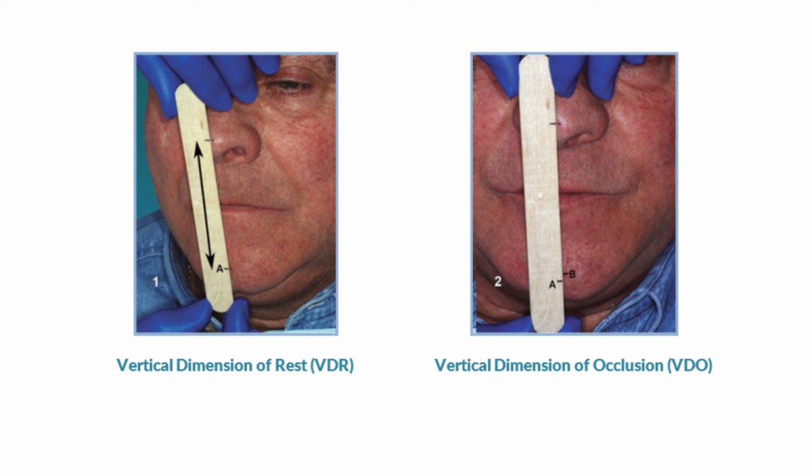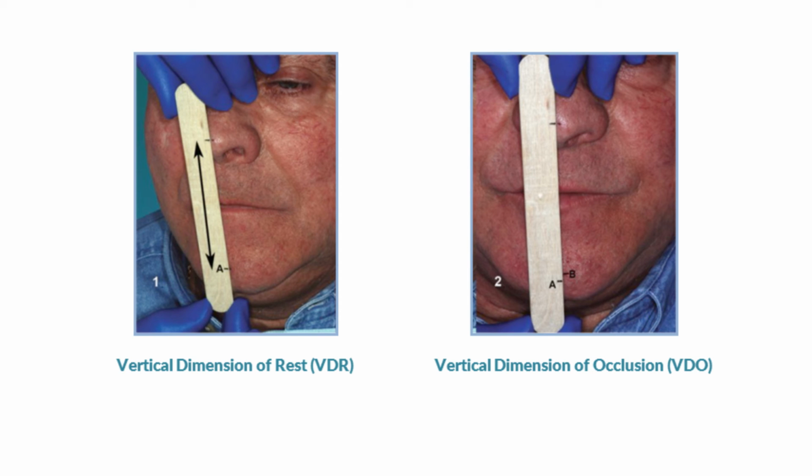But I wanted to give you an introduction to this idea because I think it can be a very confusing idea to some, but we're going to try to simplify it. Vertical dimension of rest: just sit there, stare at a blank wall, pretend to go to sleep. Close your teeth together: vertical dimension of occlusion. Generally closes about 2 to 3 millimeters.